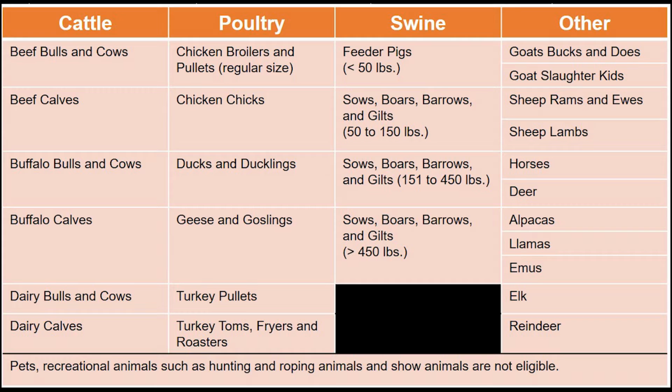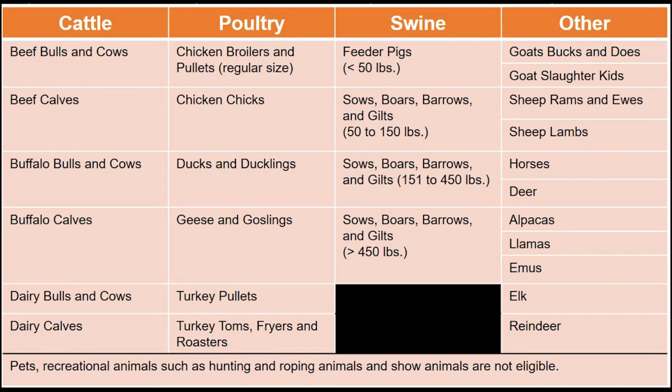Under swine, you can see that swine are broken down into four classifications: feeder pigs, which are under 50 pounds; sows, boars, barrows, and gilts that are between 50 and 150 pounds, between 151 and 450 pounds, and then those that are weighing over 450 pounds. Other animals that are also included in this list, which are similar to other disaster lists: goats, sheep, horses.